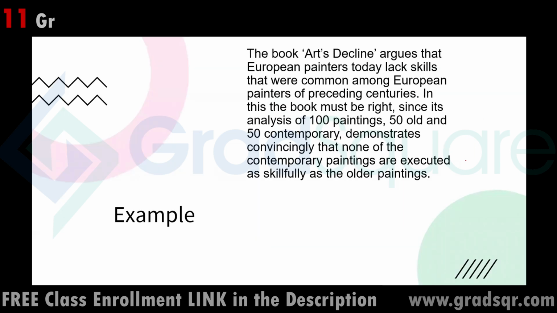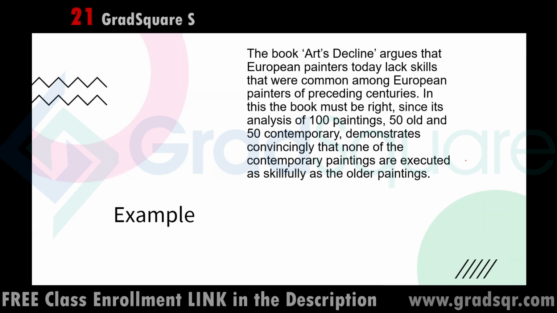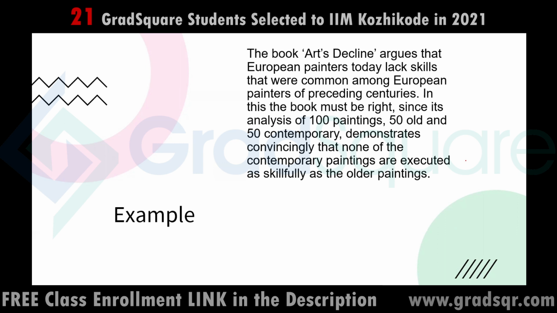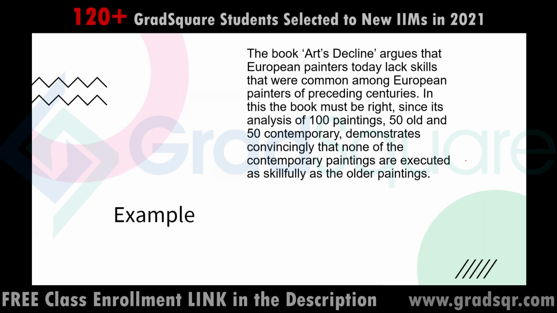So let's look at an example of sampling. This says the book Art's Decline argues that European painters today lack skills that were common among European painters of preceding centuries. In this, the book must be right, since its analysis of 100 paintings, 50 old and 50 contemporary, demonstrates convincingly that none of the contemporary paintings are executed as skillfully as the older paintings. Right?